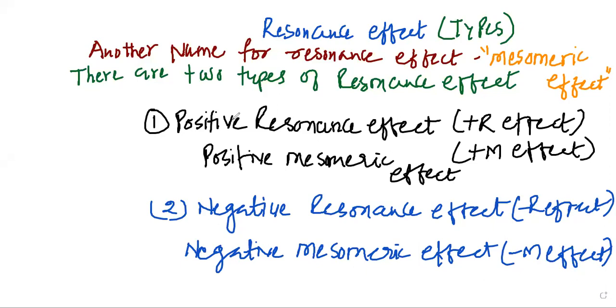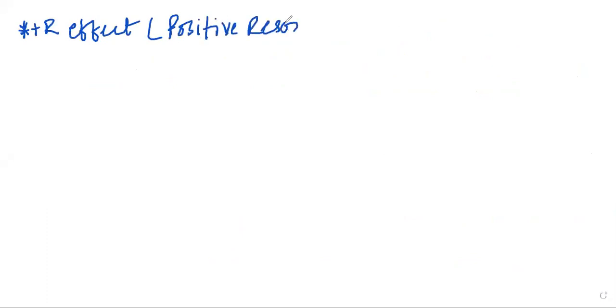So, my dear students, let us now study these various effects. Let us start with the plus R effect, that is your positive resonance effect. In the definition we have seen that this kind of effect takes place due to the interaction of the electrons of a pi bond and a lone pair.